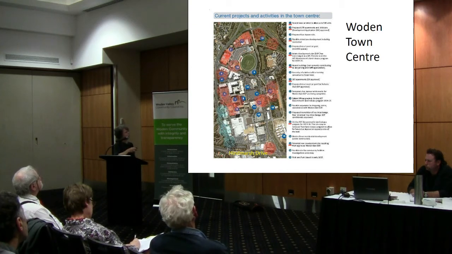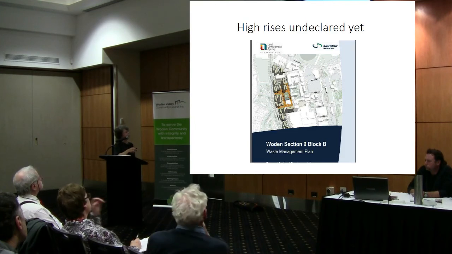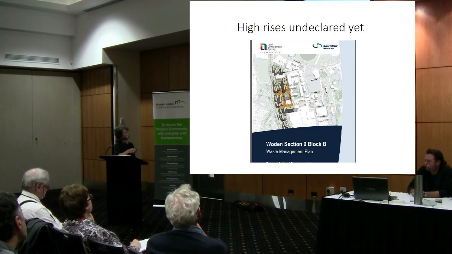In the previous slide, this area that I said is bluish here is the area that is shown here as high rises everywhere, but no negative space between them.